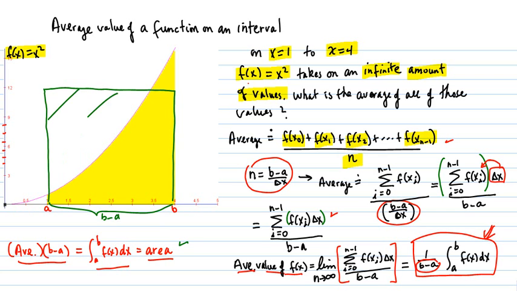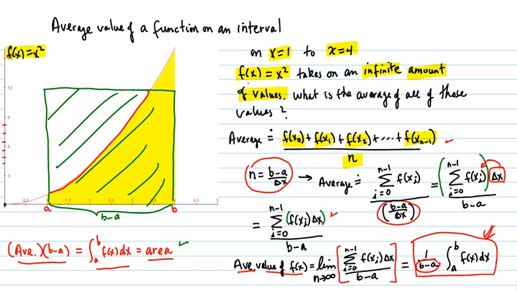And you'd be saying that this area is the same as the yellow area. But you can see it's a lot bigger. And why you can see it's a lot bigger is that this part here is a lot bigger than that part there. So it can't possibly be the same.